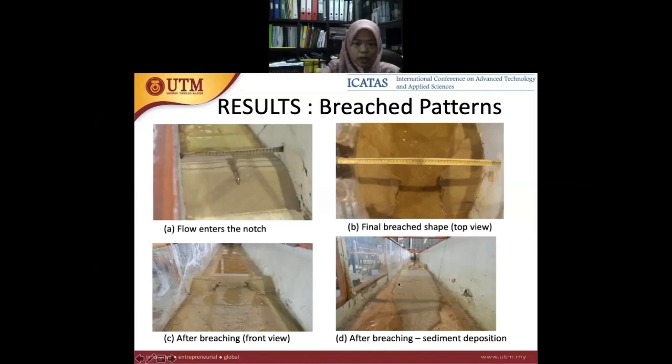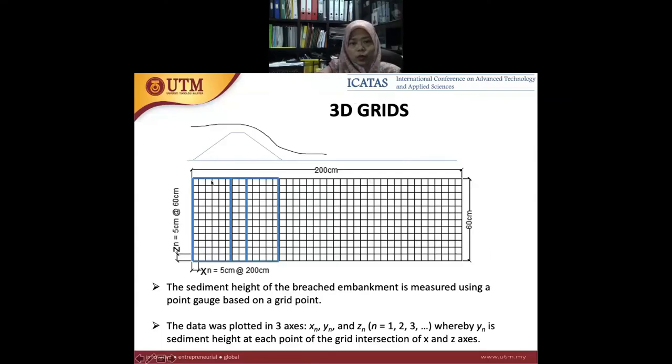Once we have done the experiment, we want to calculate the volume loss. We created 3D grids to plot the volume loss in 3D figures. This is the location of the embankment.